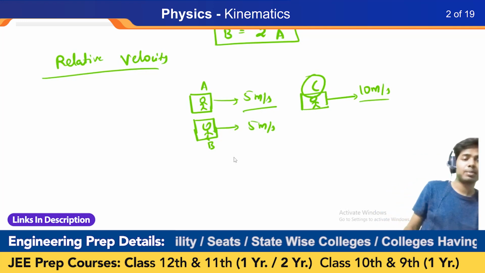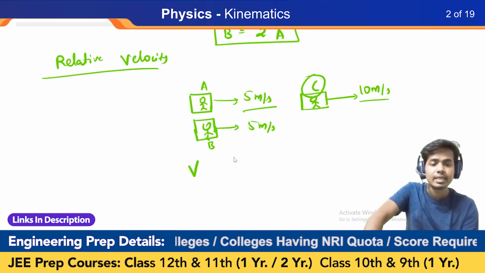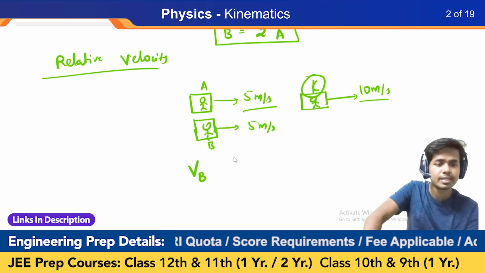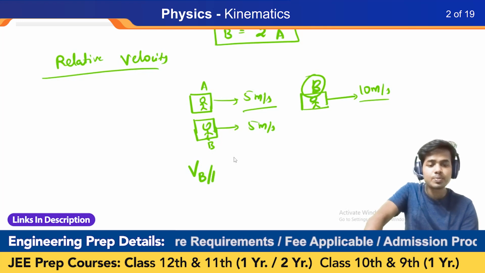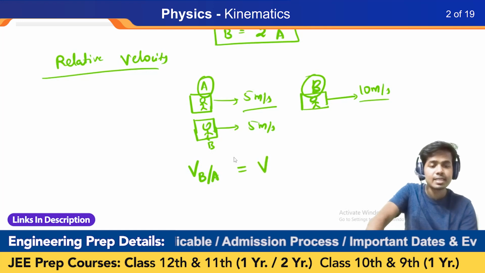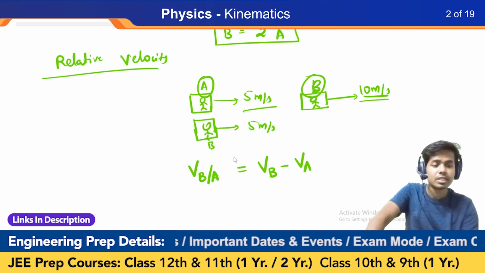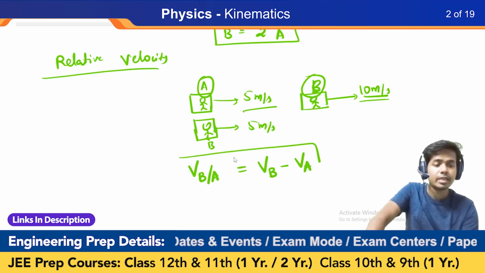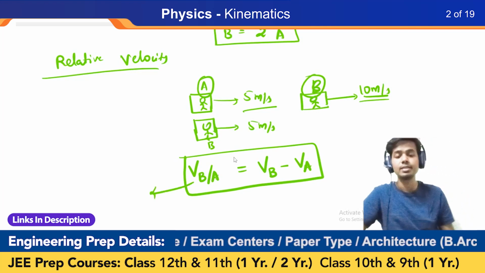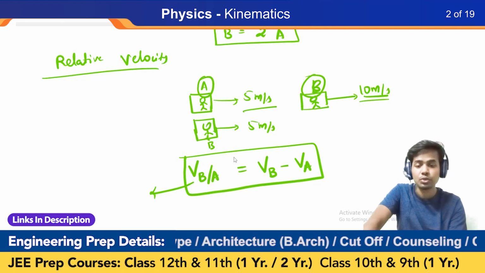So that means the velocity that person B has, let's say I'm calling this B, with respect to the observer, which is A, is defined as velocity of B minus velocity of A. This is the definition of relative velocity, and I will write it in written format so that it is very clear to you, because people have confusion over it.